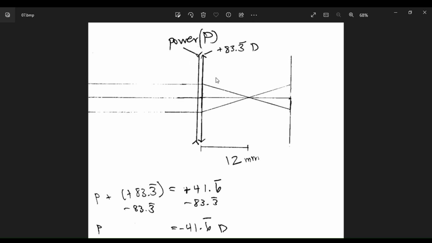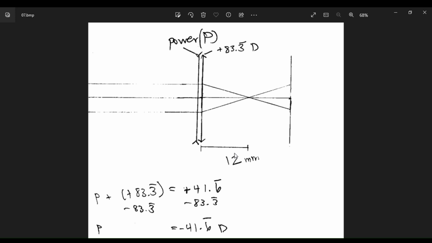We know this must equal 41.6 in order for the light to be focused at 24 millimeters. So we can subtract 83.3. We end up with the power of our lens necessary to focus this light back on the retina as minus 41.6 diopters. That's minus power. That's a diverging lens. That's always what a patient with myopia will need, a minus powered lens.